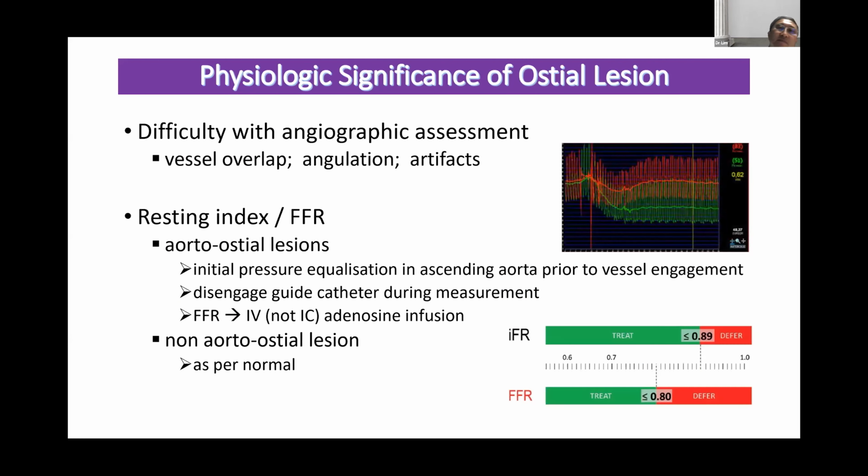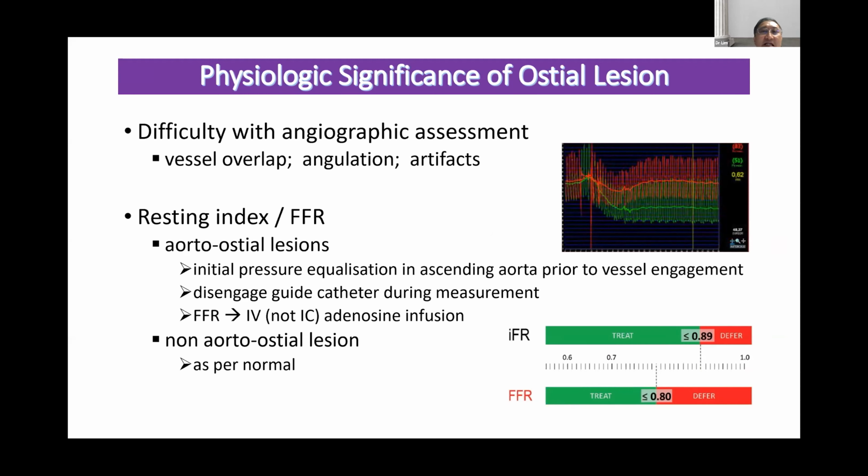When we see an ostial lesion, the first thing is to evaluate the physiologic significance of the ostial lesion. It is actually notoriously difficult to assess accurately using angiography alone because of the vessel overlap, because of the angulation, because of the artifacts.